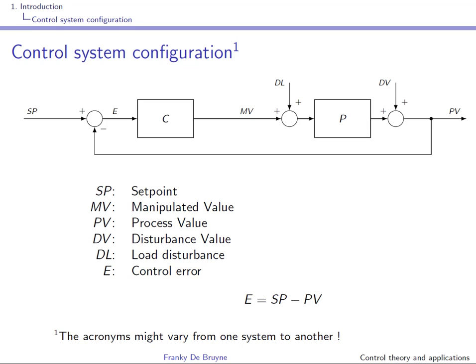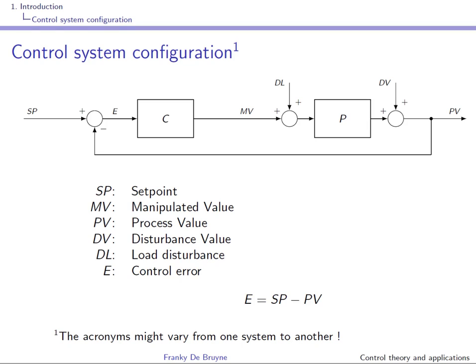Disturbances at the input are called load disturbances, DL, and disturbances at the output are called disturbance values, DV, or output disturbances. The block C stands for controller. The controller is also described by a transfer function C(s), and again we have left out the s dependence for simplicity of notation.